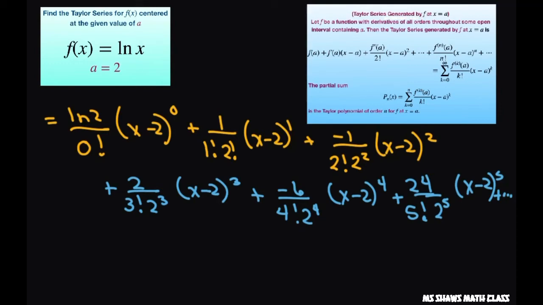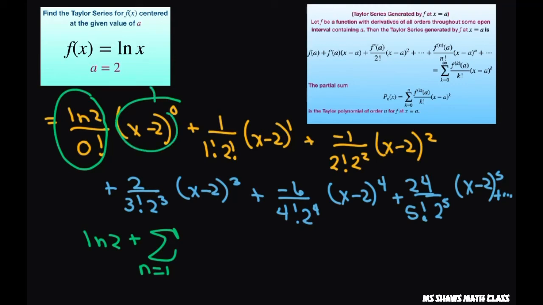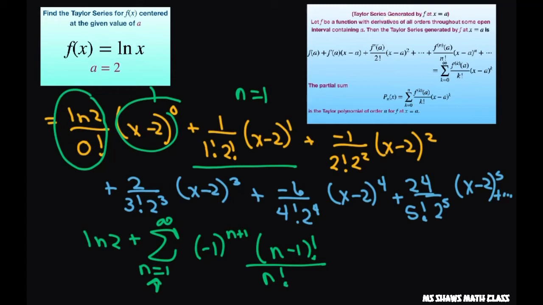And this simplifies to ln of 2 plus the sum from n equals 1, because we're writing ln of 2 first. So starting with this term here, that's n equals 1, to infinity of negative 1 to the power of n plus 1 times n minus 1 factorial divided by n factorial times 2 to the power of n times x minus 2 to the power of n.